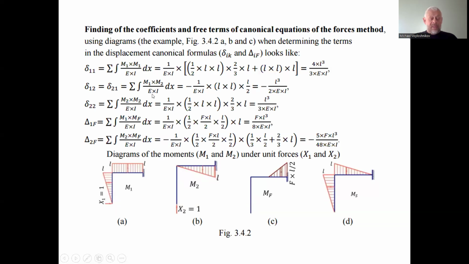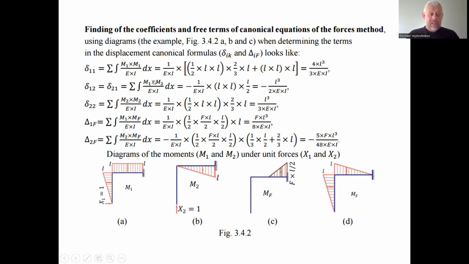But we have the same rigidity assigned for each segment, and in the numerator we have the product of the ordinate of the diagram of bending moments in the direction of the unit force in the first direction, and the second, which corresponds to the center of area of the diagram of the second force. This is in the projection connection.